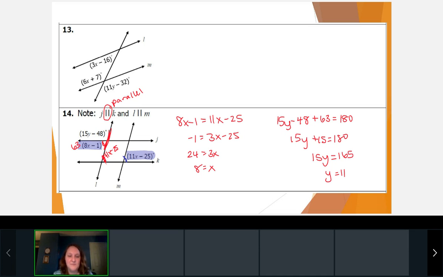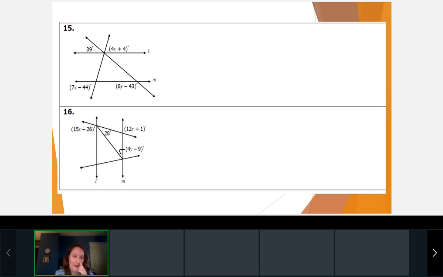All right. On the last page, these are two what I would call challenge problems. I definitely think you should try them. This is definitely a challenge problem. So try it out. And then 16, I'm just going to go and cross off number 16. It requires a skill that we haven't learned yet. By the end of the year, you'll be able to do number 16, but not at this exact second.